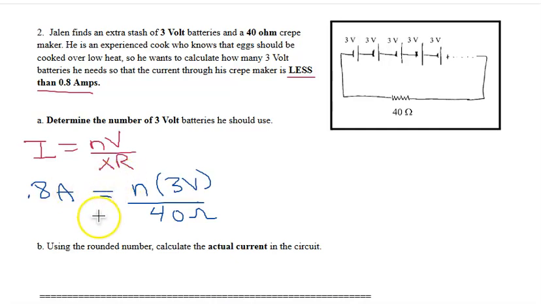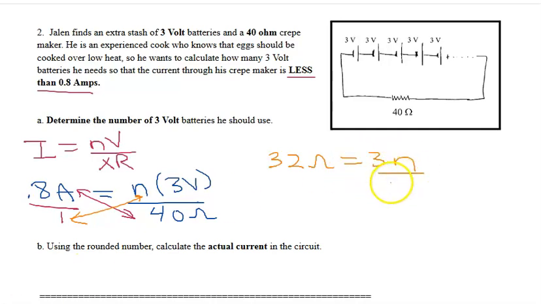Again, I cross multiplied. 0.8 times 40 is 32. 3N times 1 is 3N.